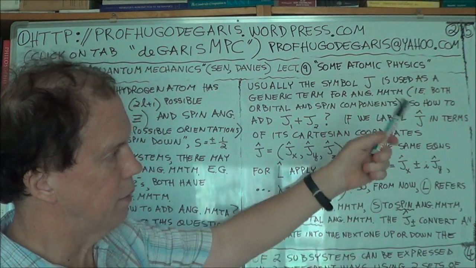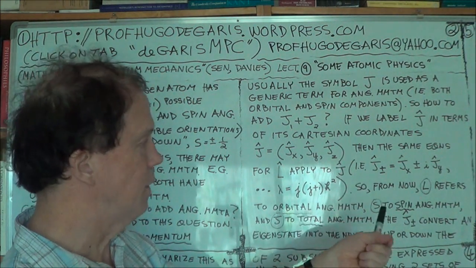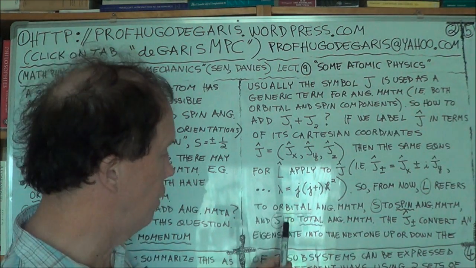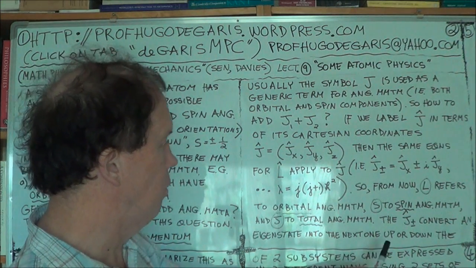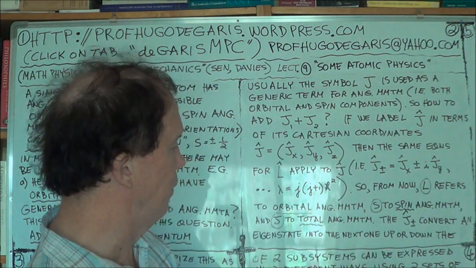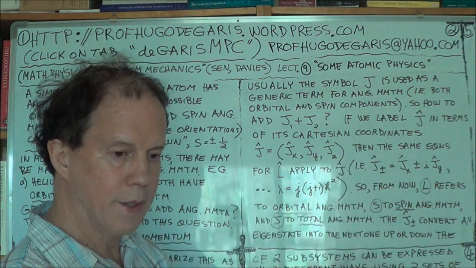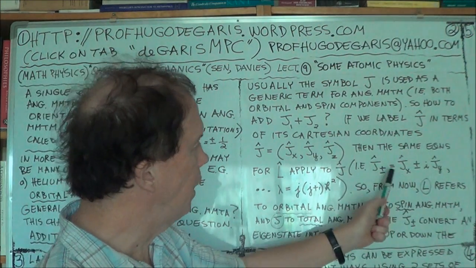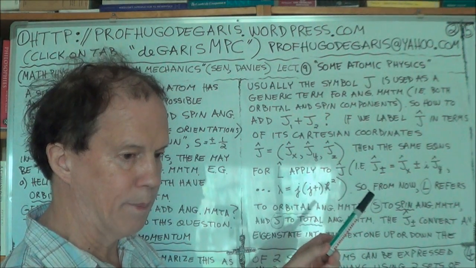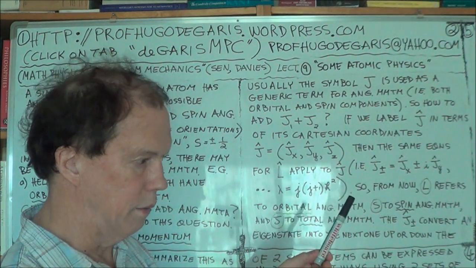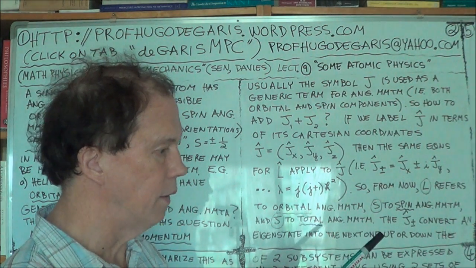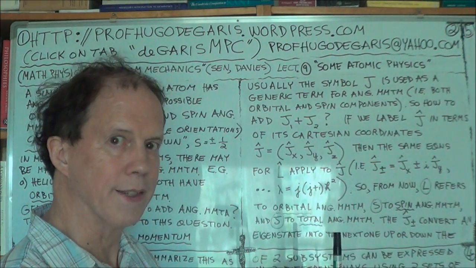So in all the math in future sessions, we'll be using largely this J notation. And what is J? Like these raising operators, J plus minus, if you apply this to an eigenstate of, let's say, the Jz operator, that's the component of J along the z-axis.